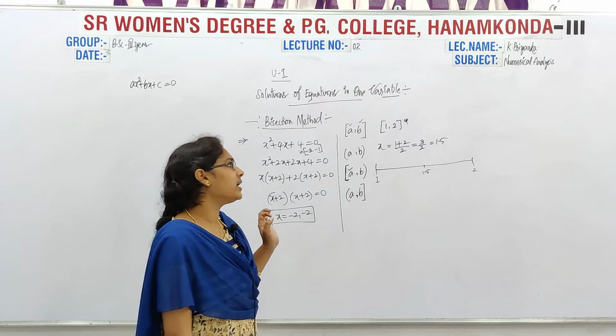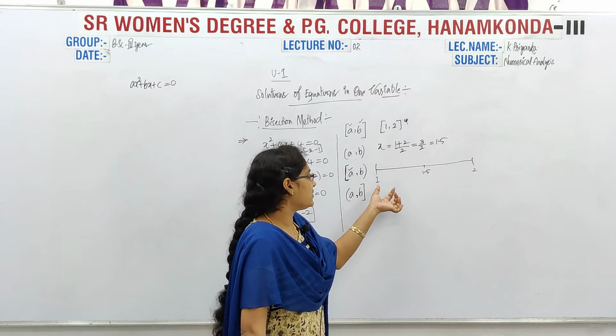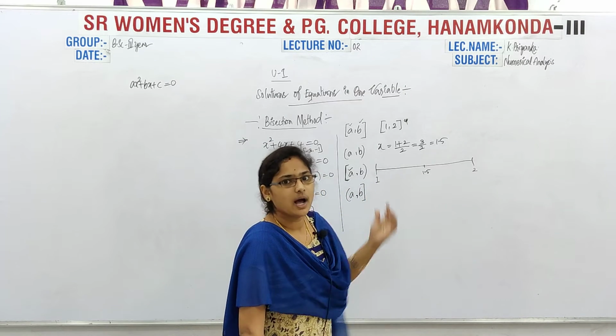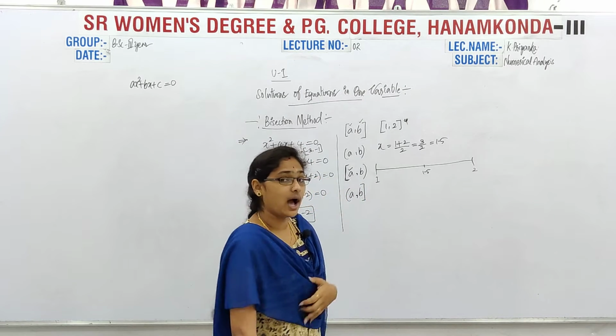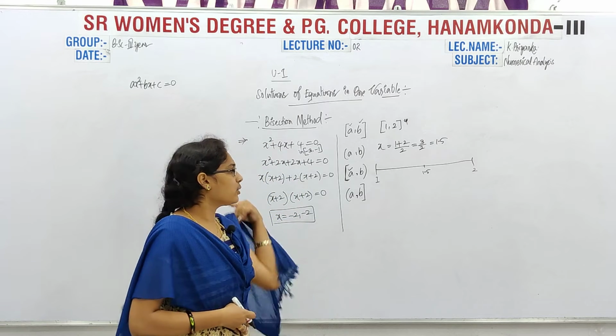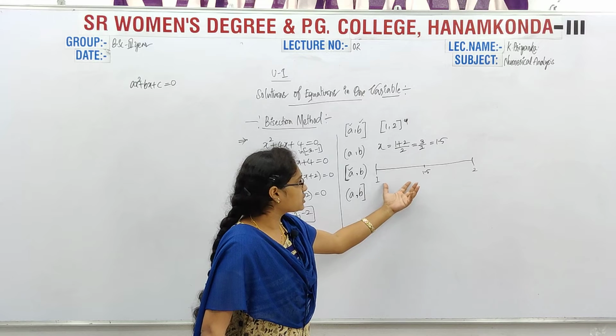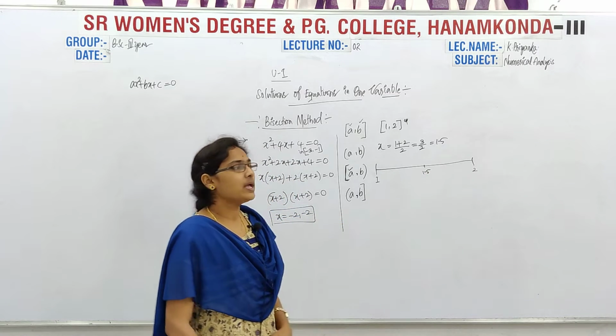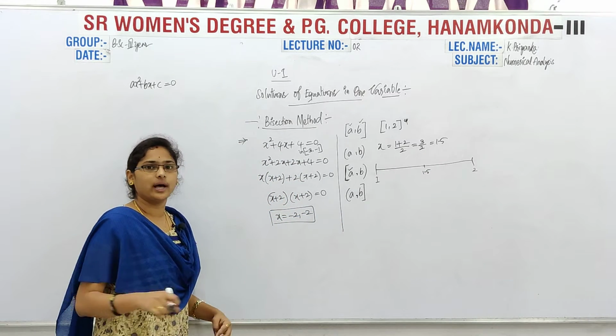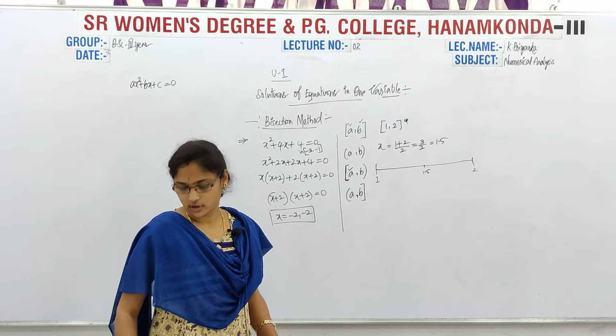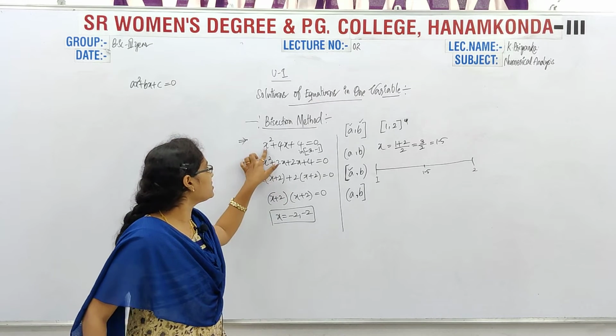Next we have to check whether the root lies in this part or this part. Okay. So now I will check how we have to check whether the value lies in this part or this part. Okay. So it totally depends upon the sign of the function value. Sign of the function value means this one.